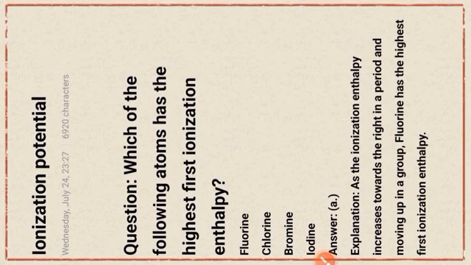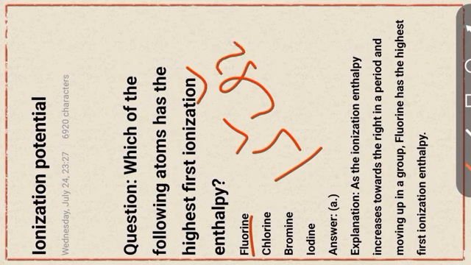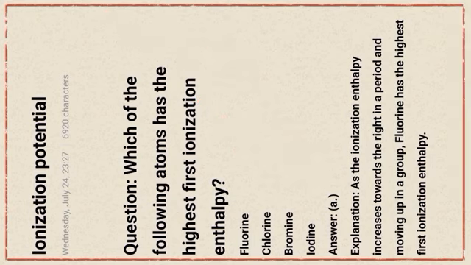That is fluorine, with electronic configuration 1s2, 2s2, 2p5. As ionization enthalpy increases towards the right in a period and moving up in a group, fluorine has the highest first ionization enthalpy.